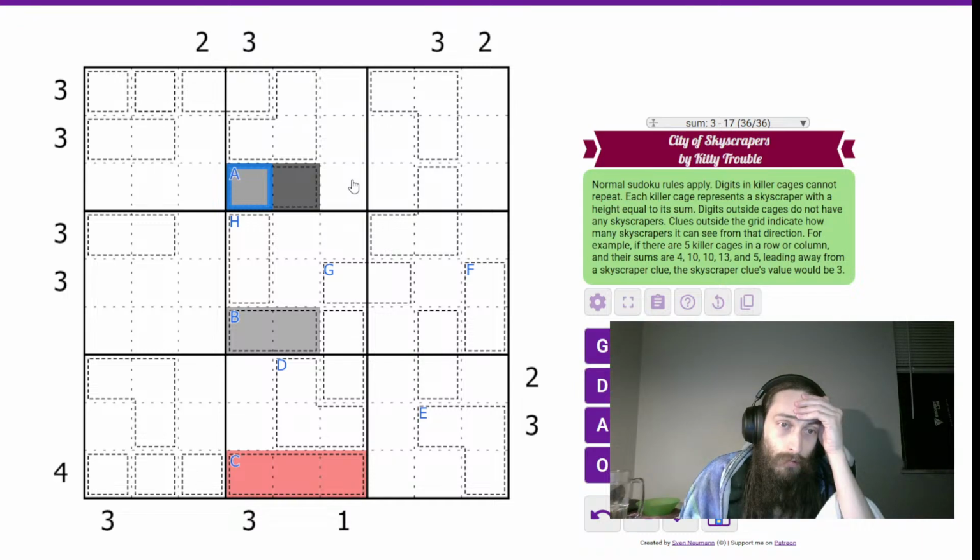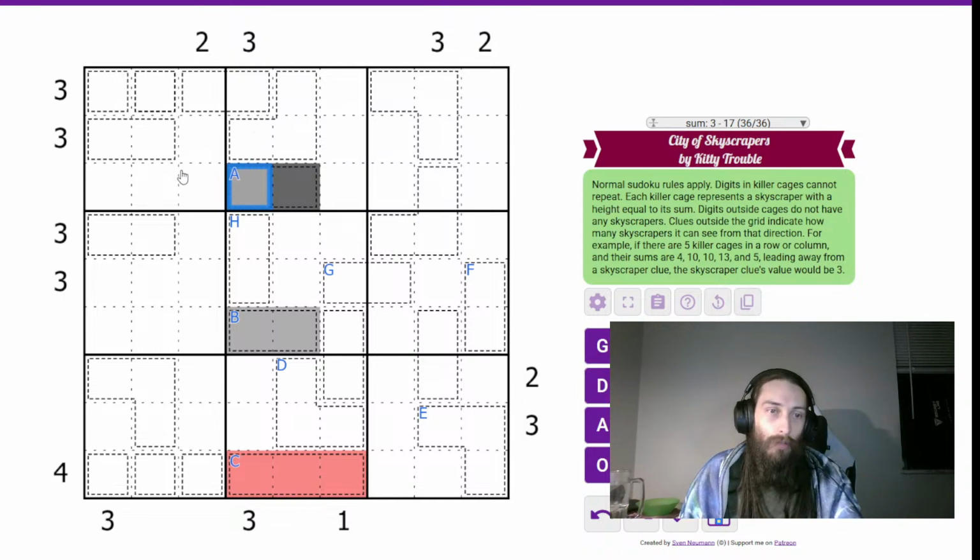Because, let's say I learned that this one was larger than that one. Then this could be like A1 or something, 1A.